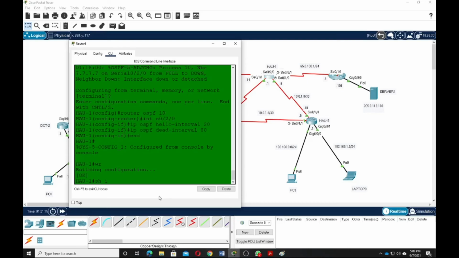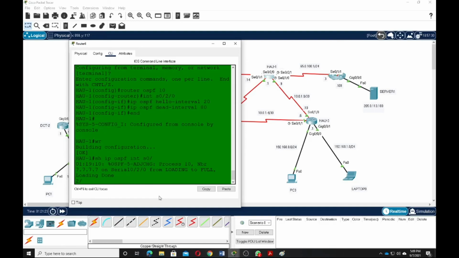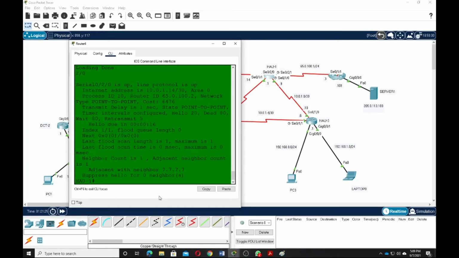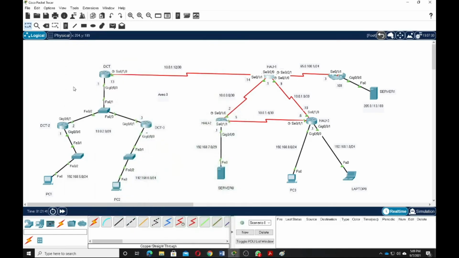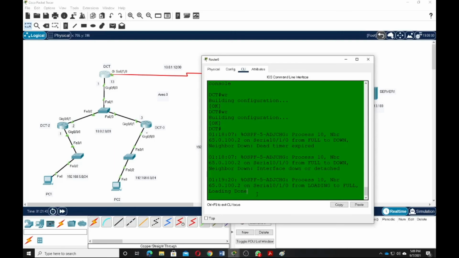Right, so show IP OSPF interface serial 0/2/0. Timer is not yet. Interval is 20 and 80 now. It should be the same here.